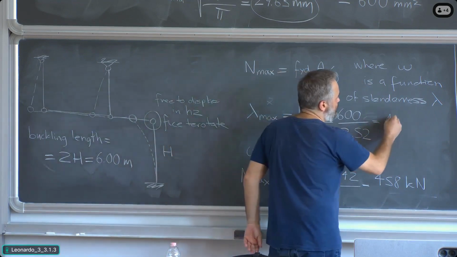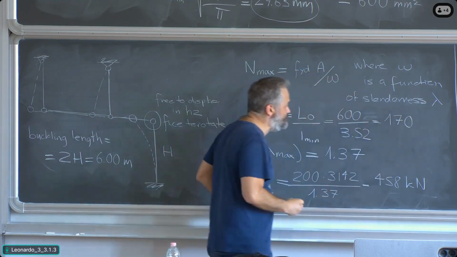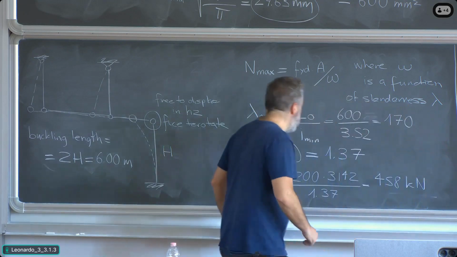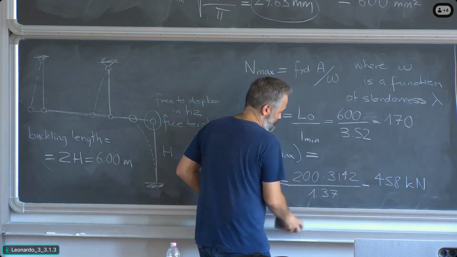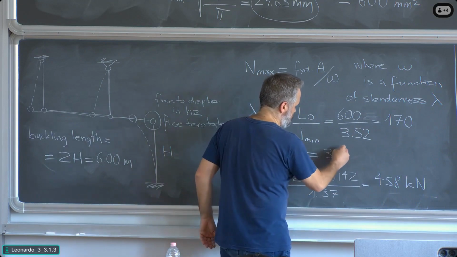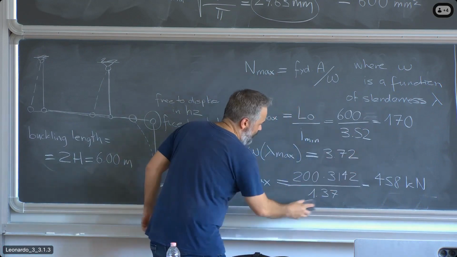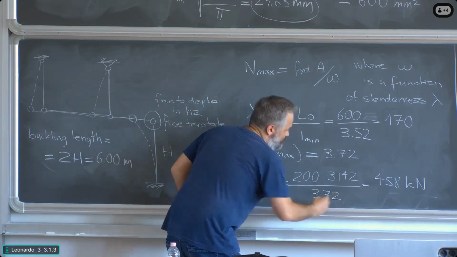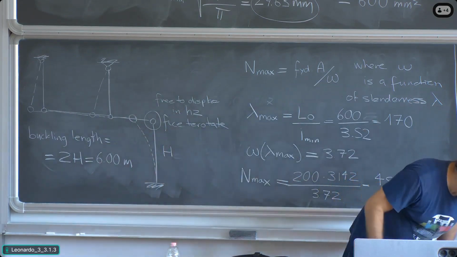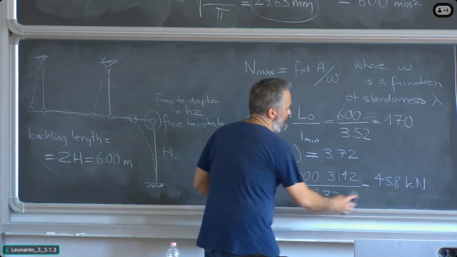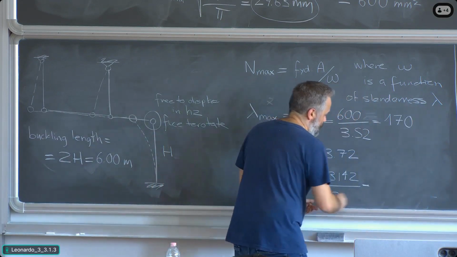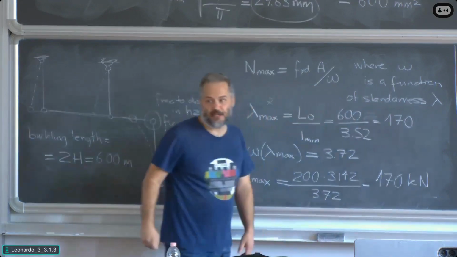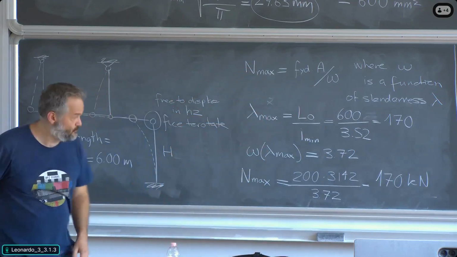So this value of slenderness is 170. The value of omega becomes 3.72. And the final value of the axial force becomes 170 kilonewtons. Sorry for the mistake. Should have realized previously, but the procedure is correct. Okay?